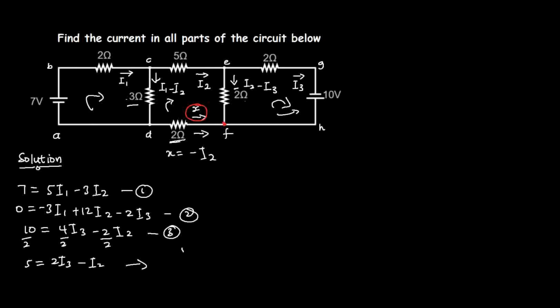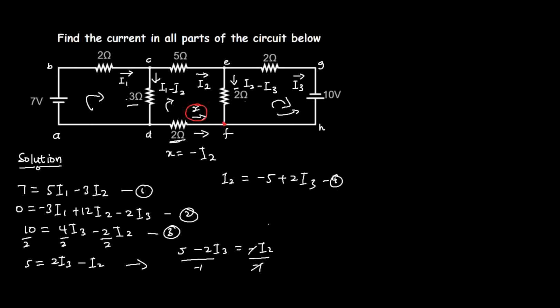So you have what? 5 minus 2I3 to be equal to what? Minus I2. So I divide both sides by minus 1. So this minus 1 will cancel out this minus here. So then we will have I2 to be equal to what? Minus 5 plus 2I3. This is because this negative here will cancel out this negative here. And then 5 divided by minus 1 gives us minus 5. So let's name this equation 4.